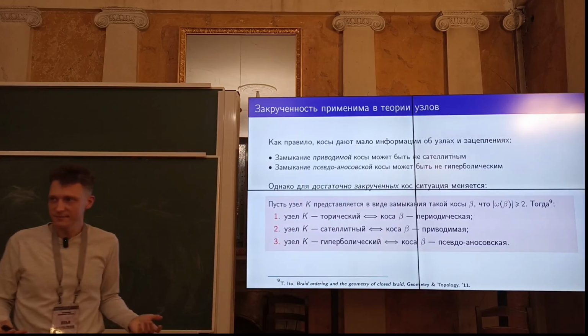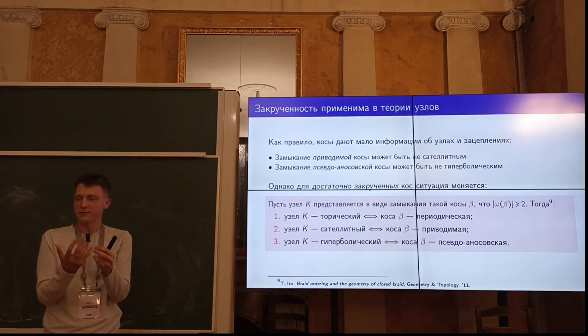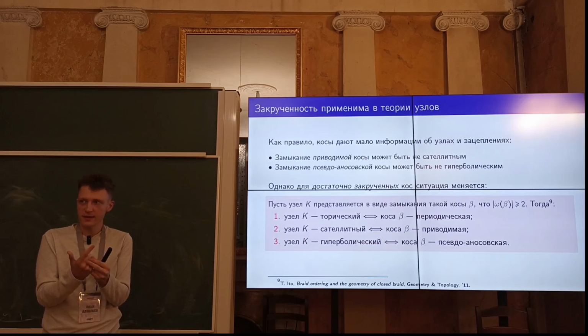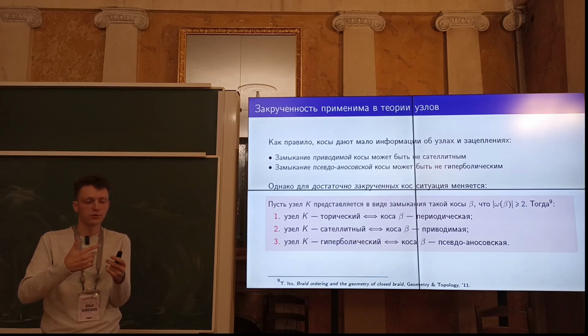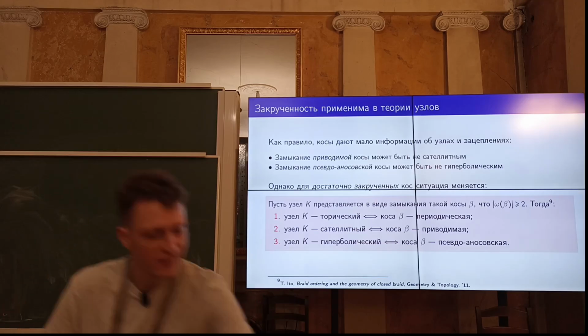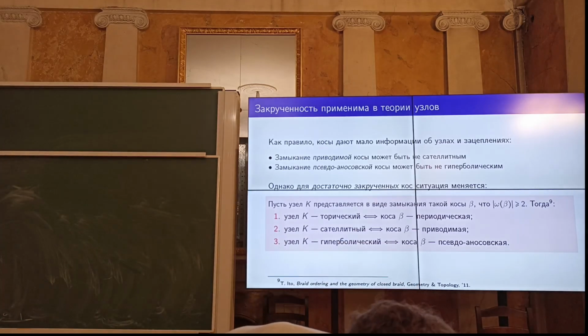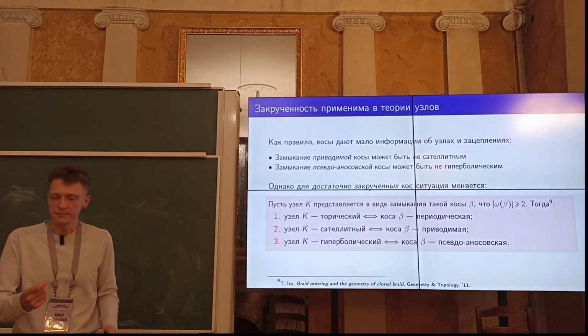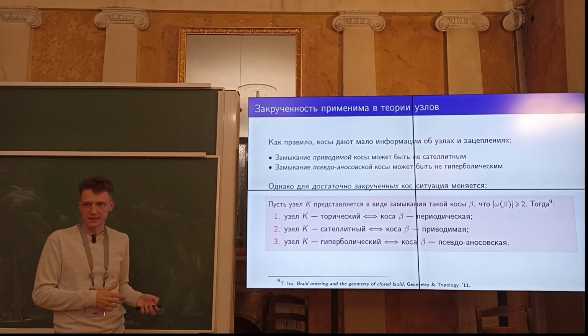So basically, I presented you three types of anomalies and showed how to use the twist number to evade these anomalies.